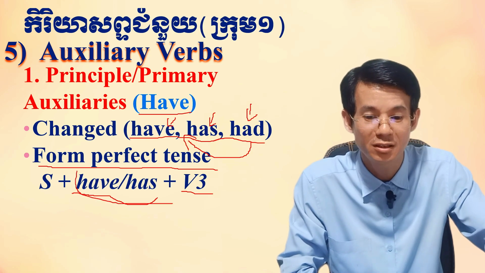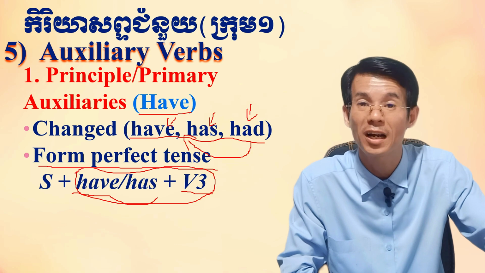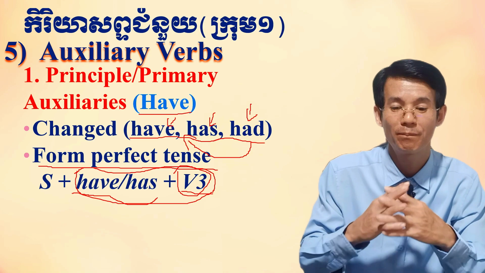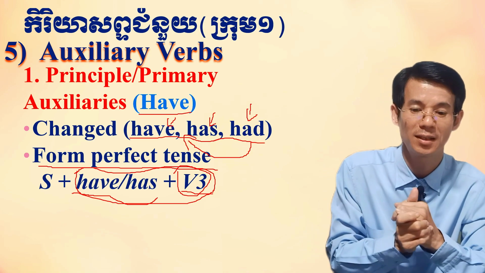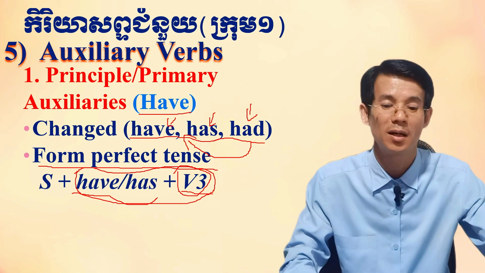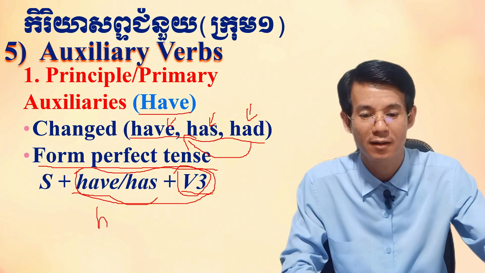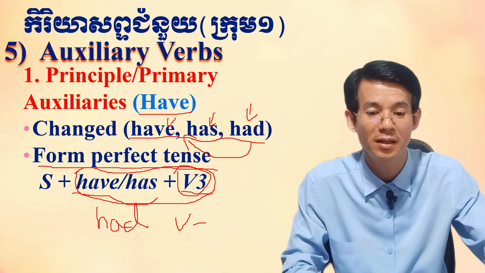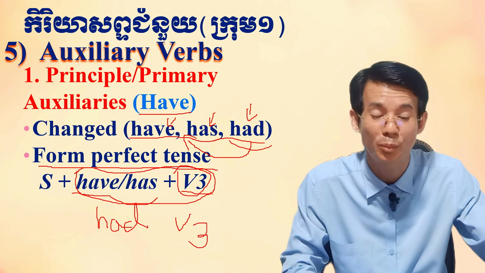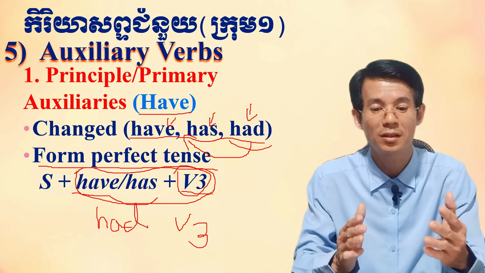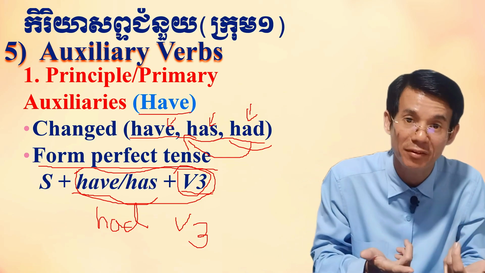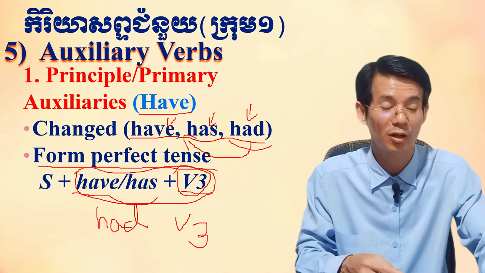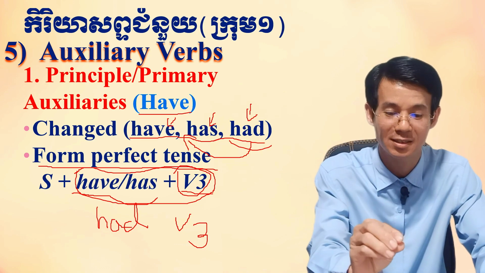I mean this structure, have or has followed by verb 3, forms the present perfect. But if I put had and verb 3, had is the past of have or has, right? So it is called past perfect. Okay. Next part and also the last part, I'm going to show you examples for this. Let's move.